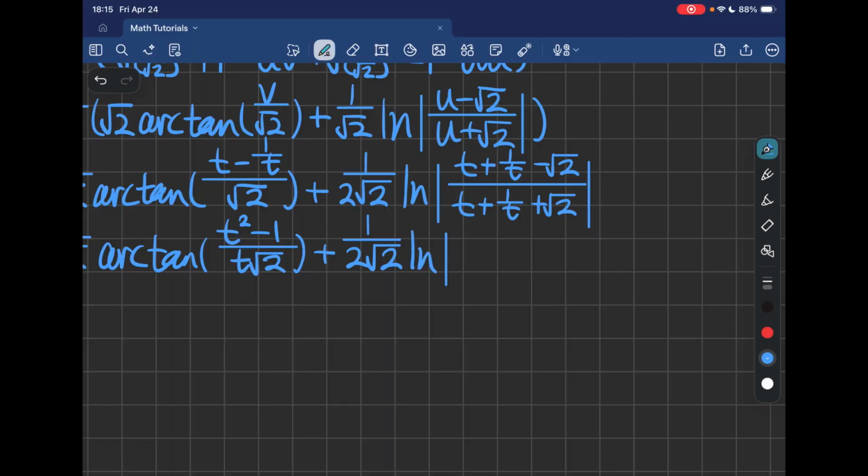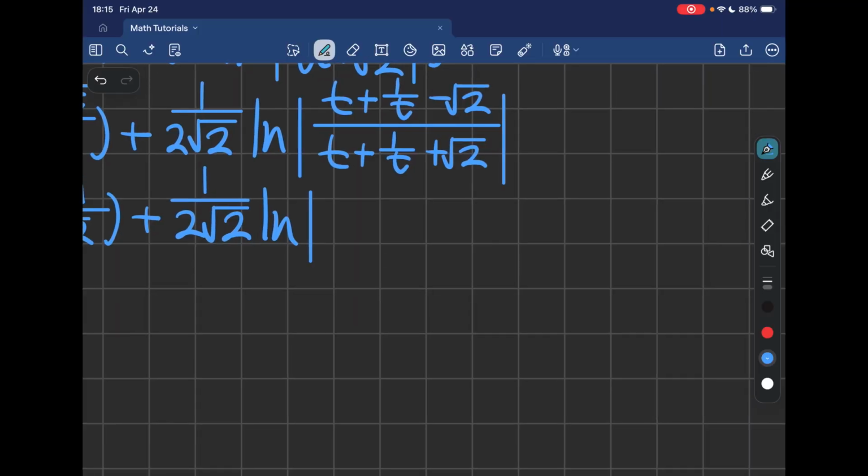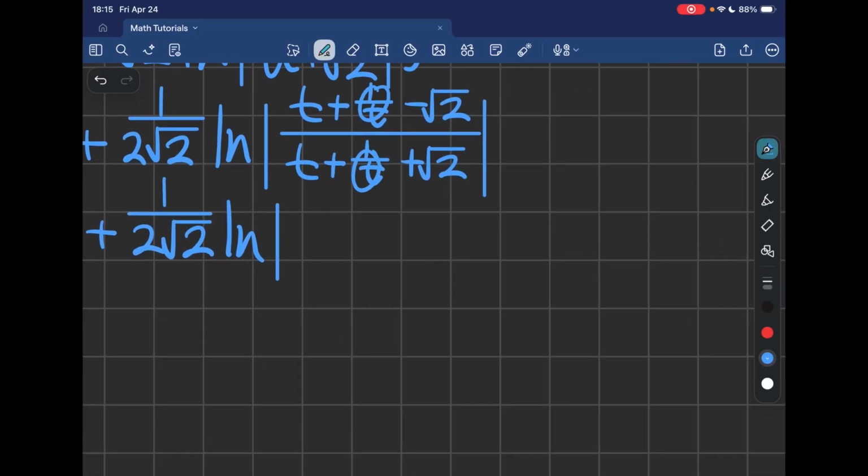For this one, we can also remove this 1 over t by multiplying the numerator and denominator by t, because we don't want to have 1 over square root of 10x in the end, right?